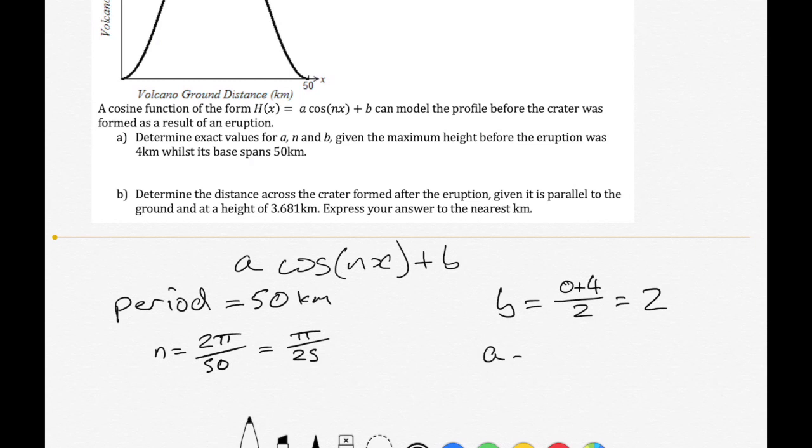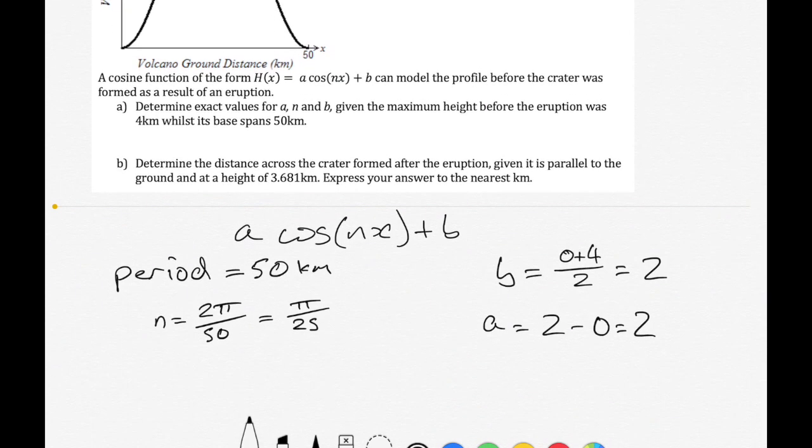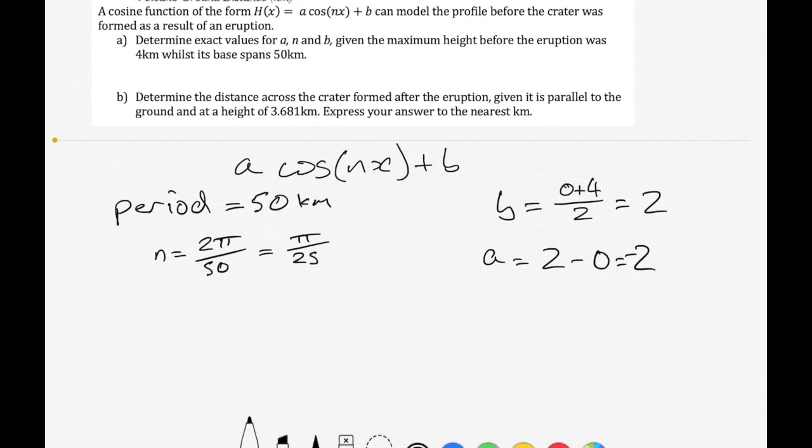And our A value is the distance between 2 and the minimum, and so that's also going to be equal to 2. We need to recognize that this is reflected, and so our A value is going to be negative, even though our amplitude is 2. That's all question A is asking us to do. A similar question might say, and state the resulting equation. This one doesn't. It just says we have to determine values for A, N, and for B.